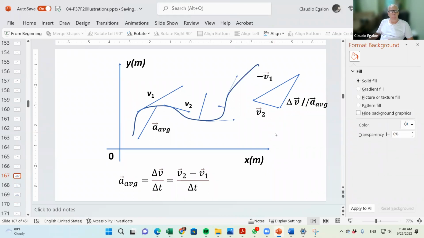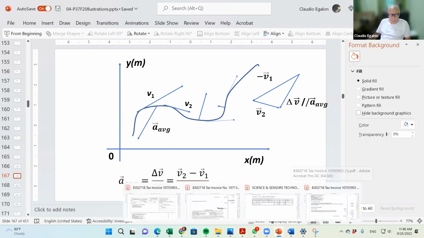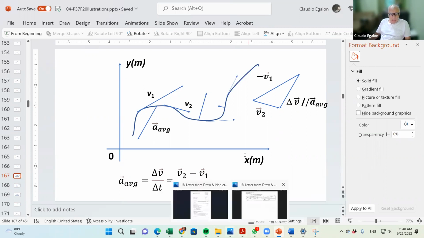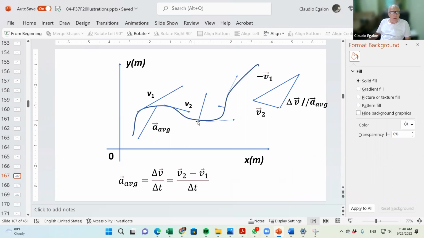But there is a very important point to take home. The average acceleration is usually going to point towards the center of the concavity of a path. Do you see, here we have a concavity, and this average acceleration vector is pointing towards the center of this concavity.